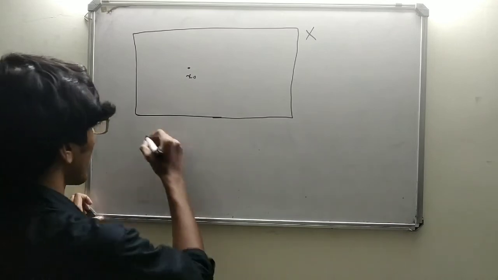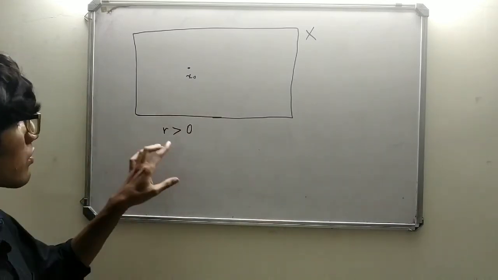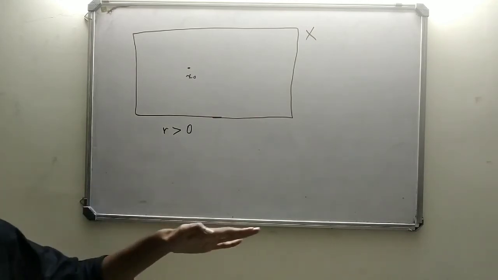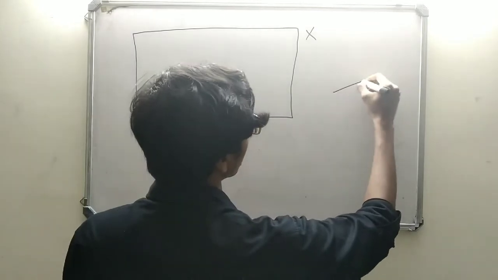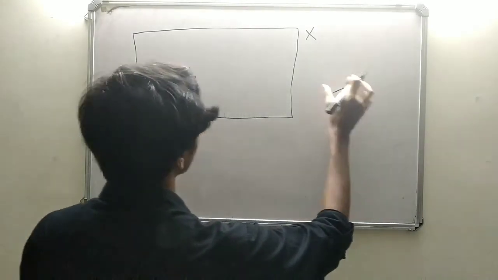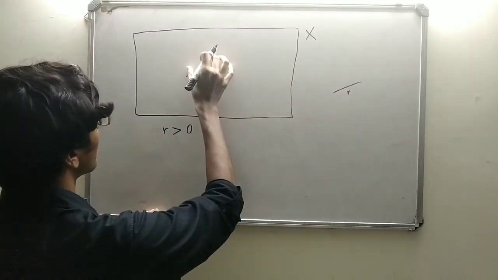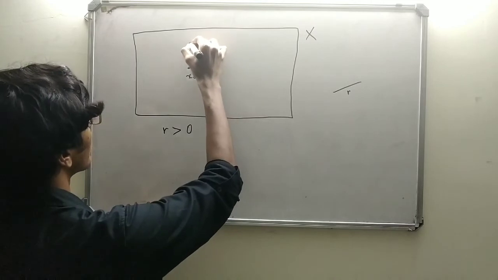So let r greater than 0 be any positive real number, and I'm going to represent a length with this r. Let's take this length to be r, and with this length I'm going to draw a circle. So there you go.